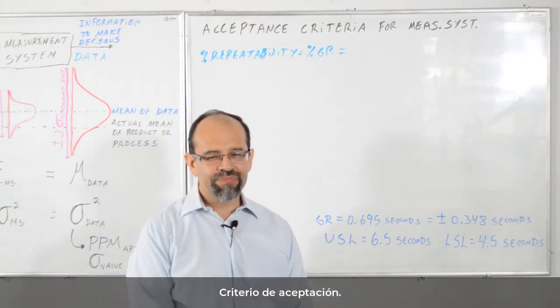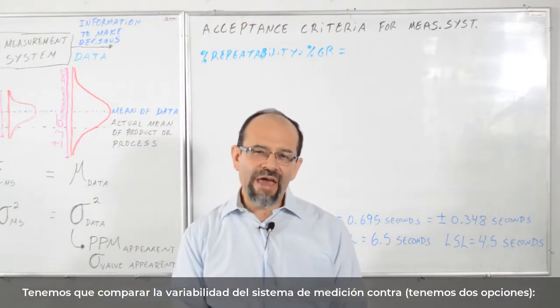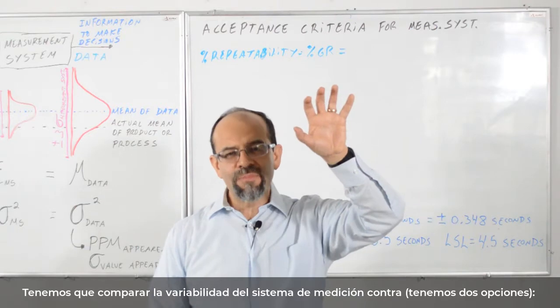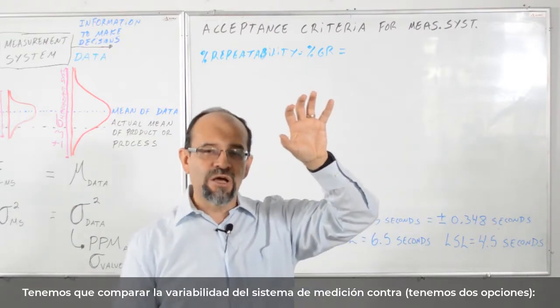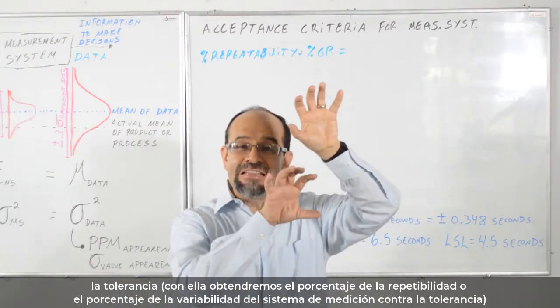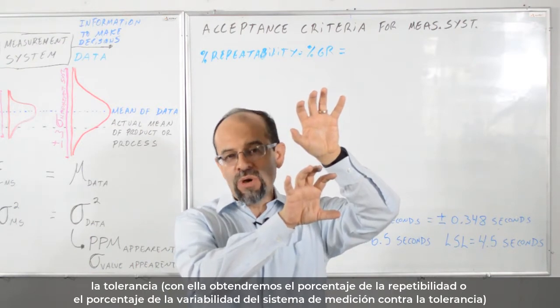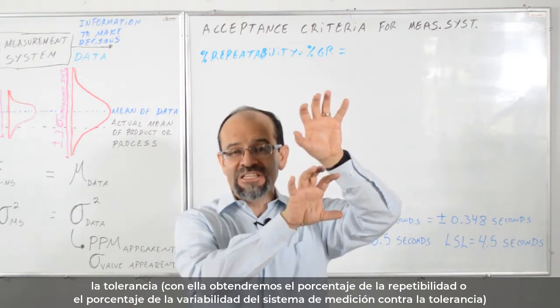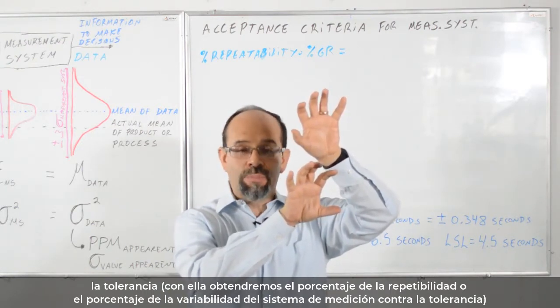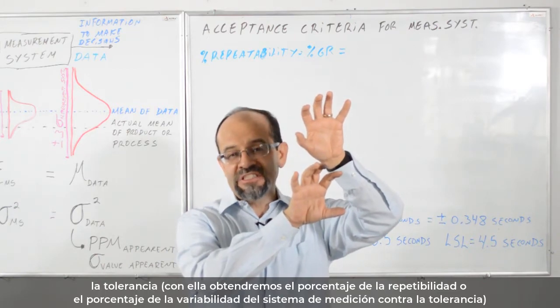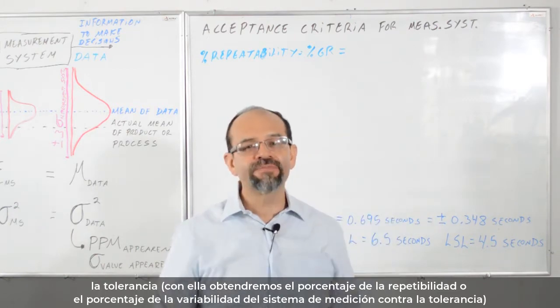Acceptance criteria. We have to compare the variability of the measurement system against, we have two options. The tolerance, and with that one we are going to get the percentage of repeatability or percentage of variability of the measurement system against tolerance.